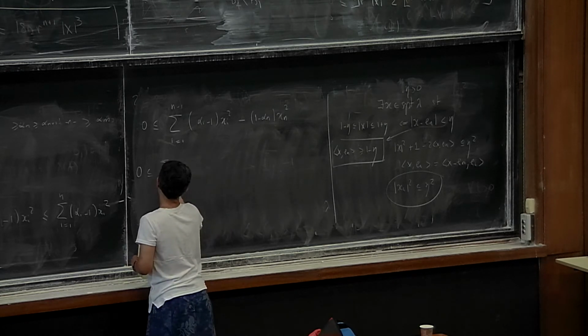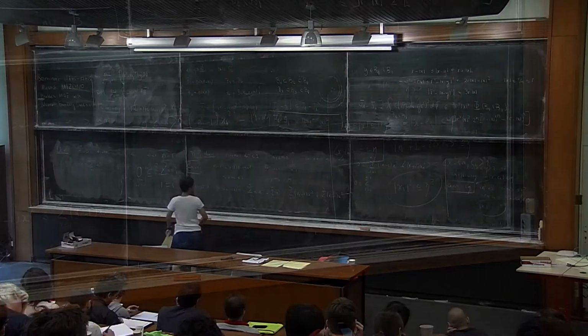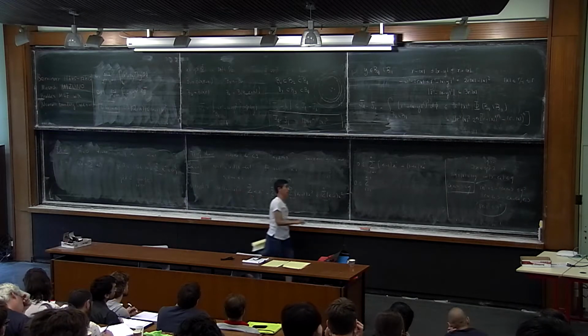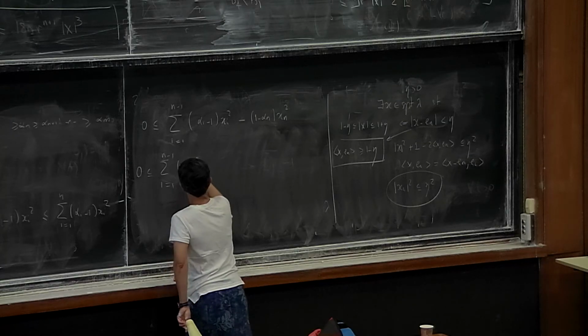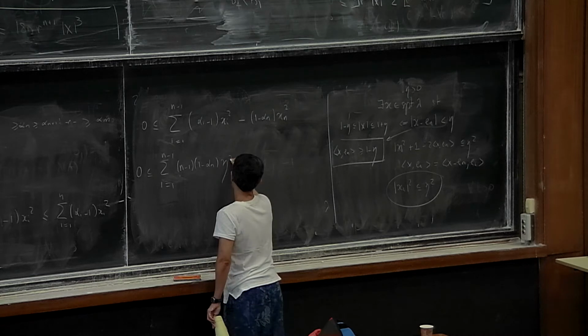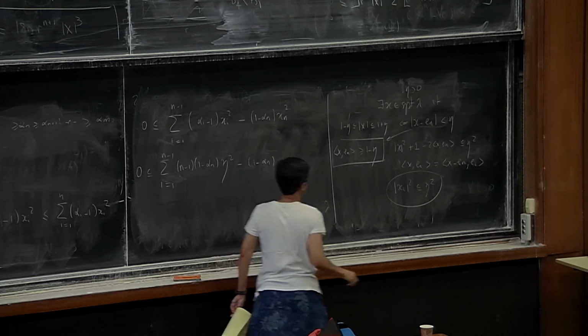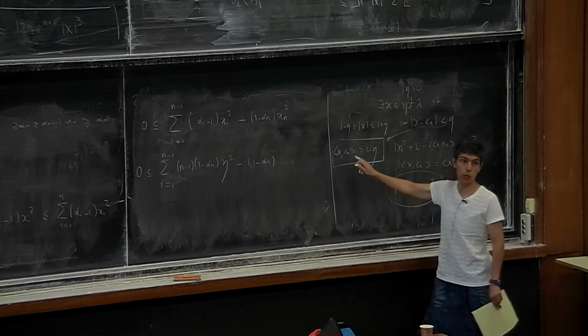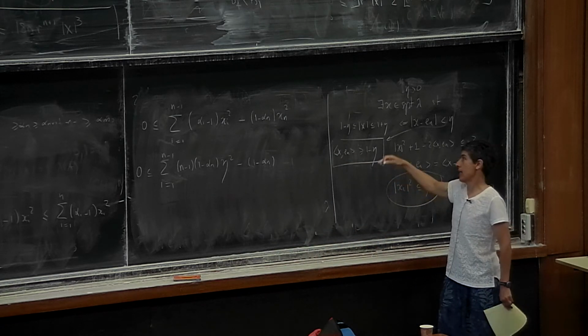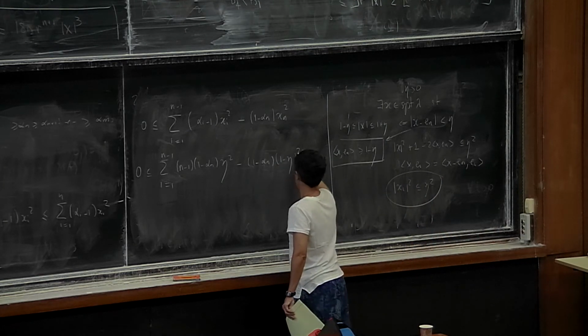No, let me do it slowly, sorry. n minus 1 of these, I'm using this thing over here. It gives me n minus 1 times 1 minus alpha n. Each one of these is less than eta squared, minus 1 minus alpha n times this one squared, which is 1 minus eta squared.